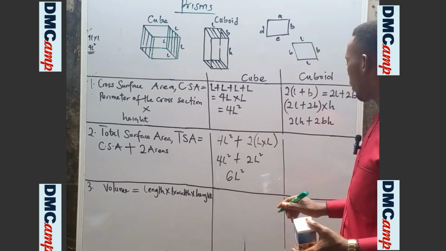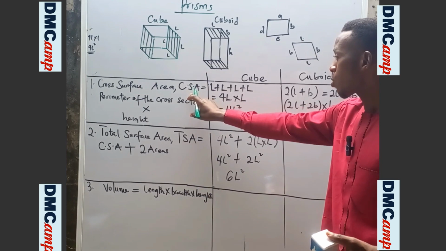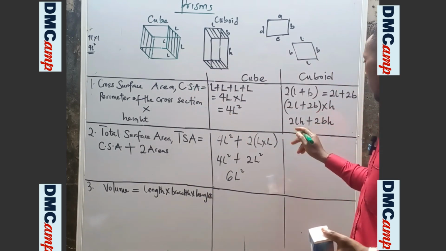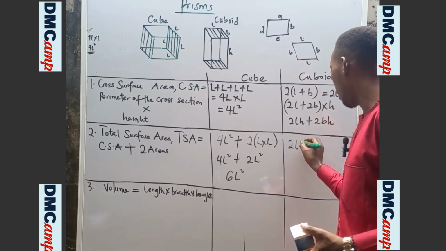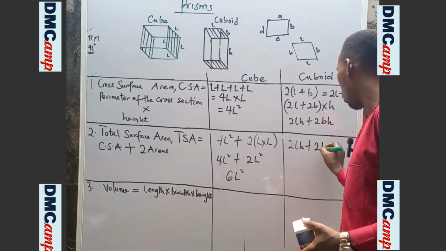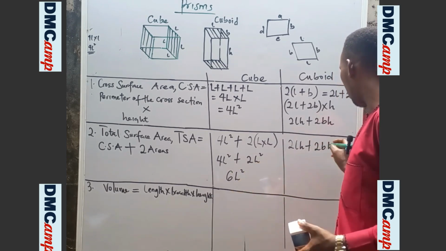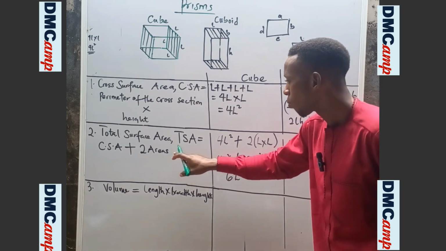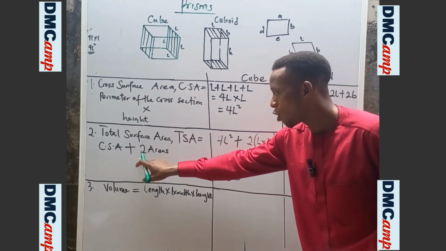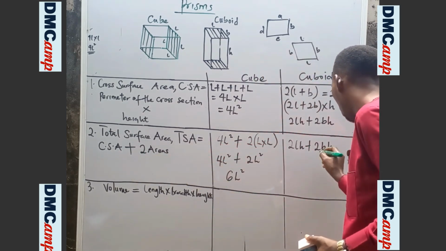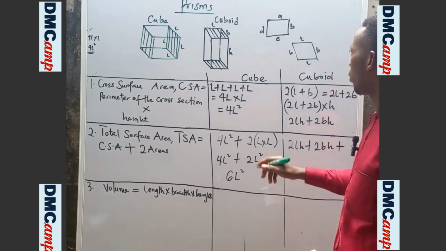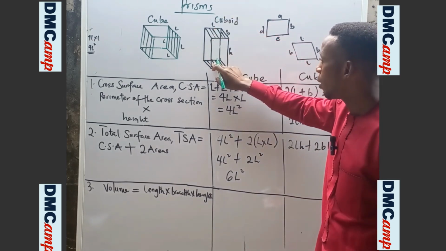Here, in this cuboid, we have the cross surface area already known as 2LH plus 2BH. Then, plus, the formula says cross surface area plus the two areas. Plus the two areas, the area of this side and the area of this side.